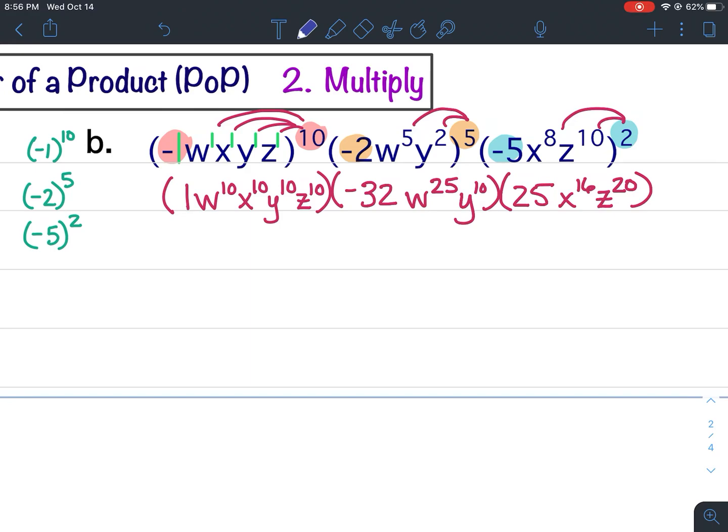Now it's time to do the multiplication. So we group everything together. Starting with my coefficients, I have 1, negative 32, and 25.